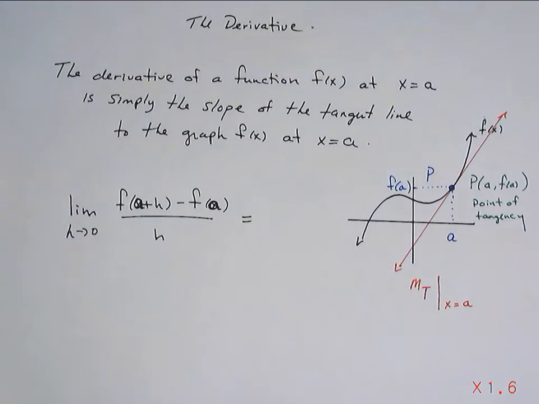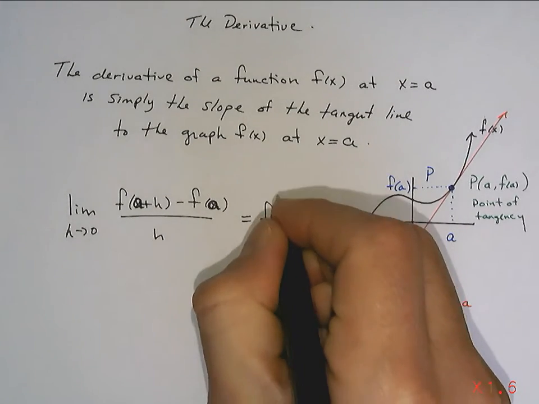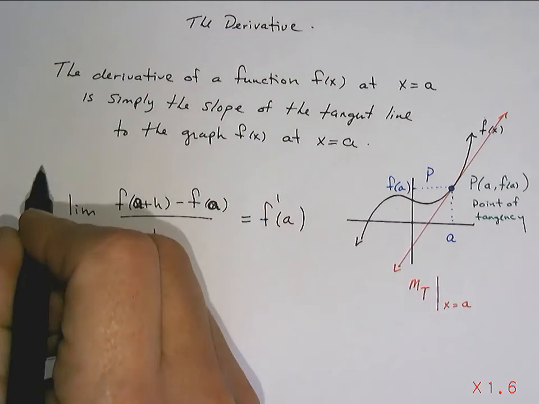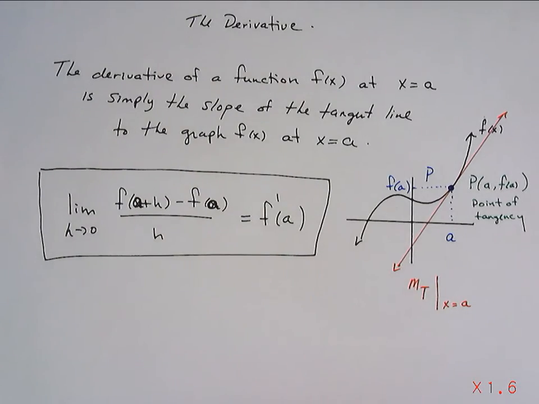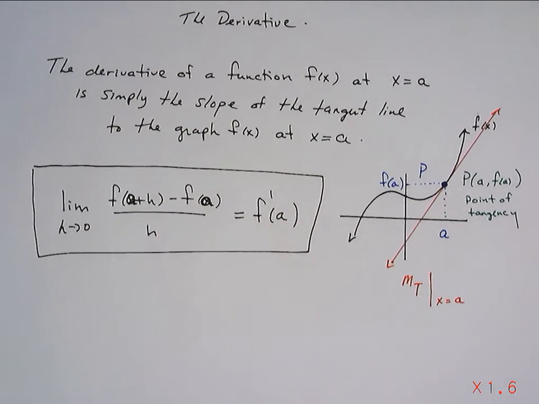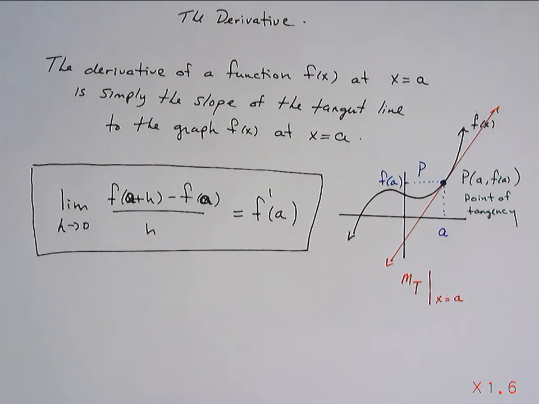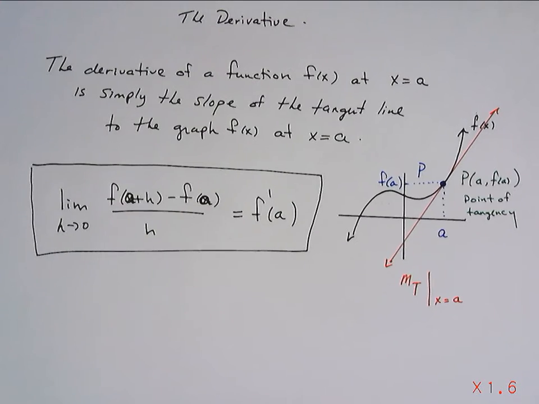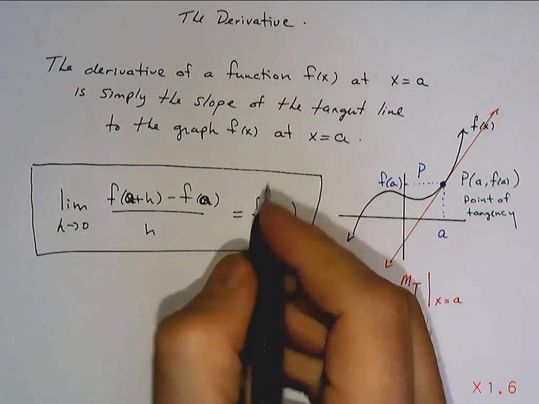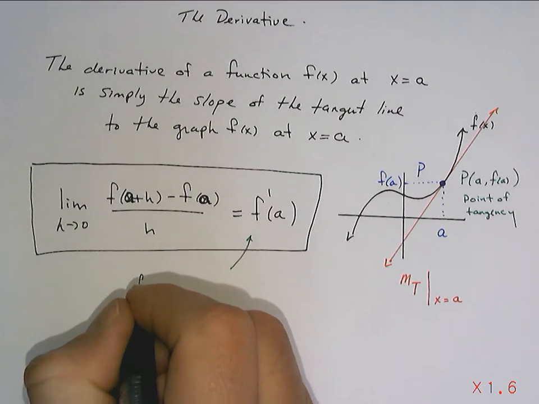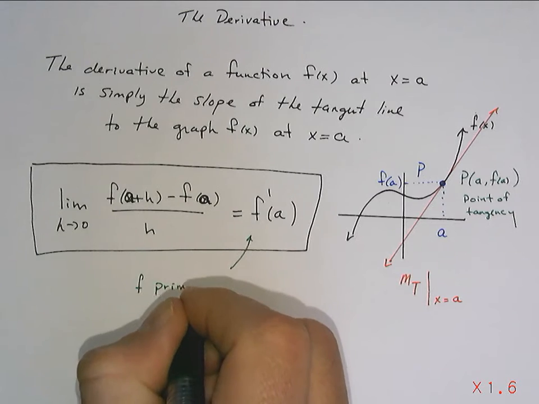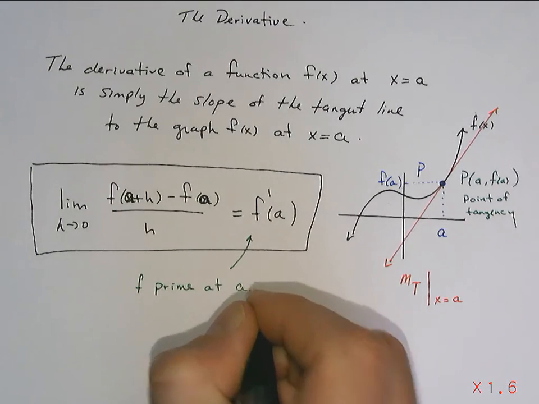Because it's at a point, it's going to change to an x soon. Those are a's. And this is f prime at a. All of this is happening at a point. That's why those are a's there and not x's. We good? Okay. We call this f prime at a.